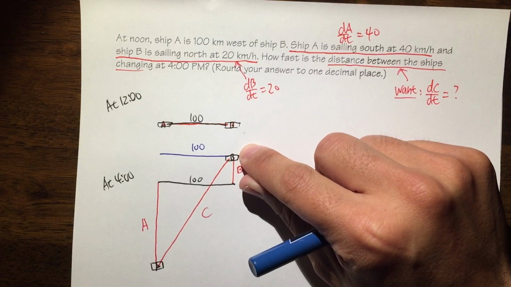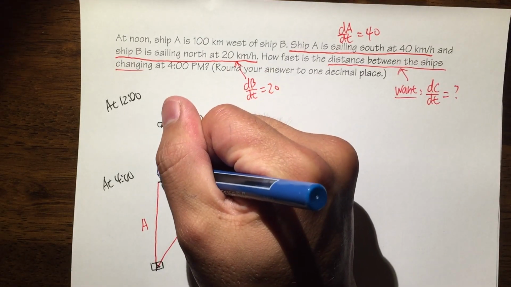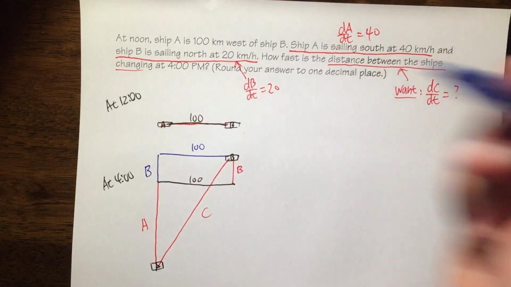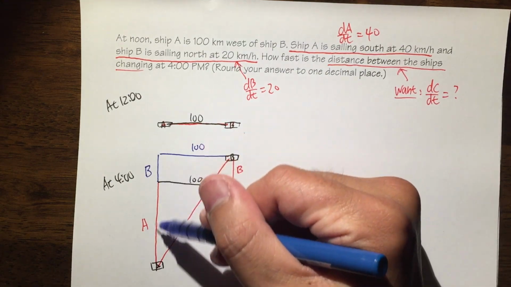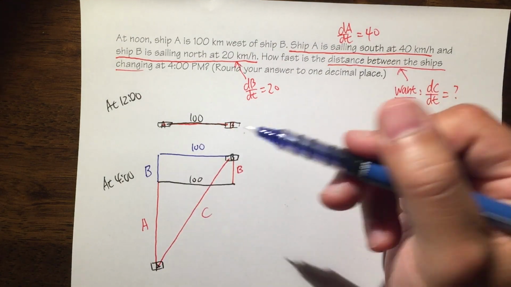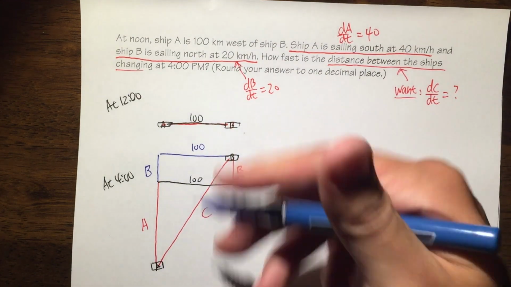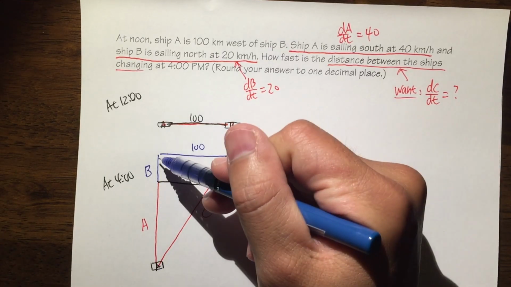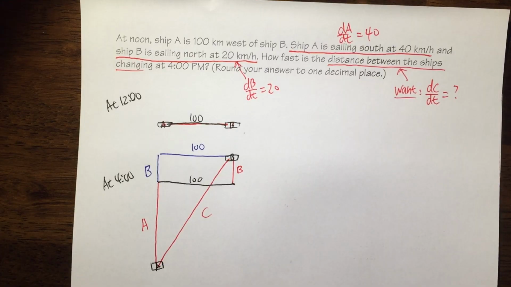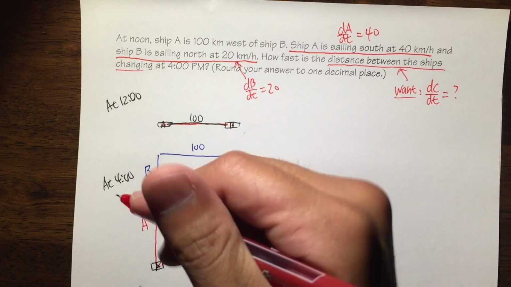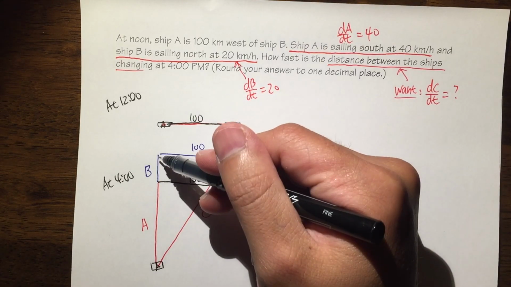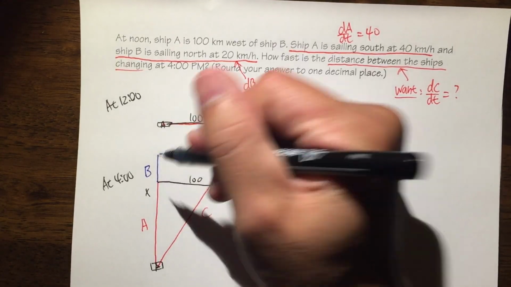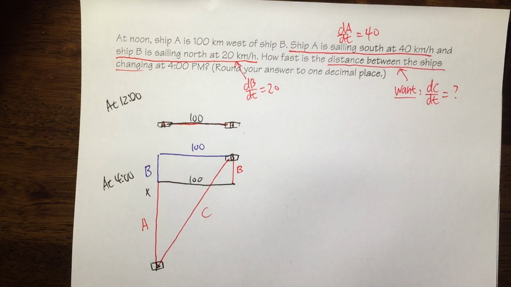And this right here is B. That means from here to here, it's also B. And if you look at this big triangle, that's a right triangle, so I will be able to come up with an equation based on the Pythagorean theorem. Be sure you know that this whole thing is A plus B.